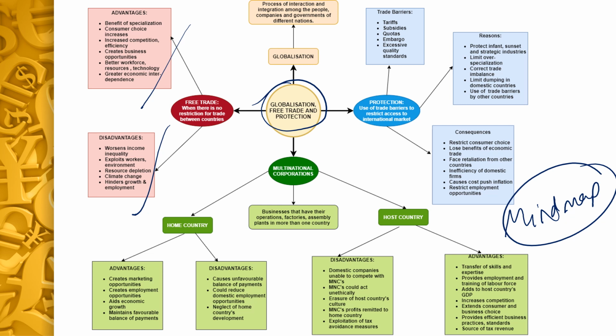And then I want to talk about what the trade barriers are. These subsidies, quotas, embargo, and excessive quality standards are known as non-tariffs. Tariffs are the tax that they put on imported goods.